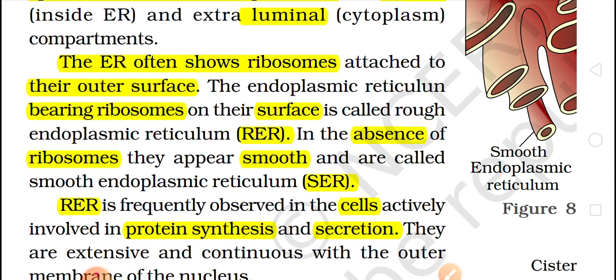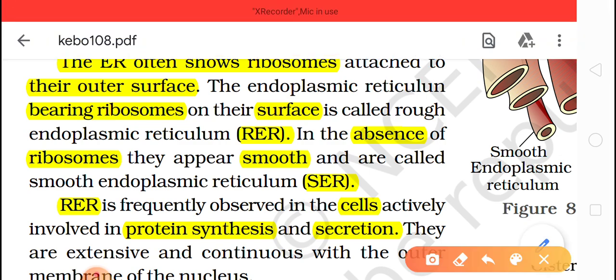Okay, so the endoplasmic reticulum bearing ribosomes on their surface is called RER, that is rough endoplasmic reticulum, and those endoplasmic reticulum that do not bear the ribosome on their surface are called smooth endoplasmic reticulum.